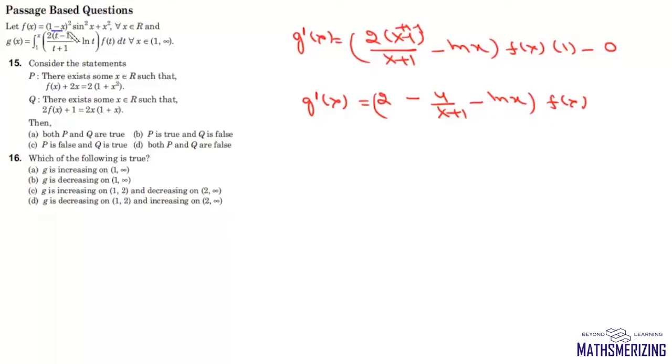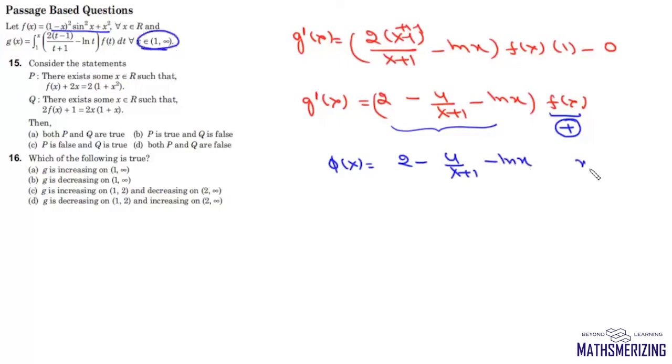Now f(x) is a sum of squares, so this f(x) is always greater than or equal to 0. Now what about this expression, 2 − 4/(x + 1) − log x? We'll take this as some function, say φ(x) = 2 − 4/(x + 1) − log x, when x is greater than 1.